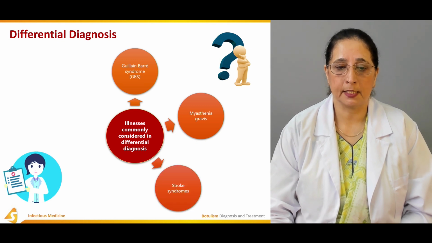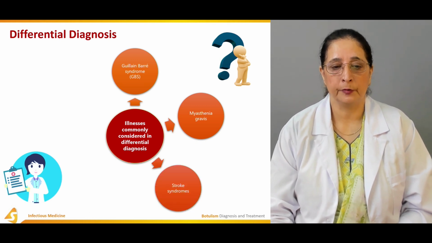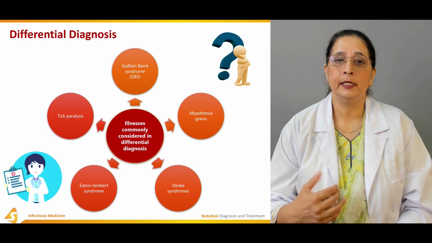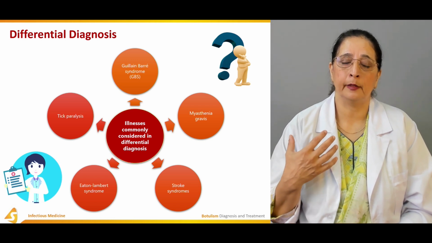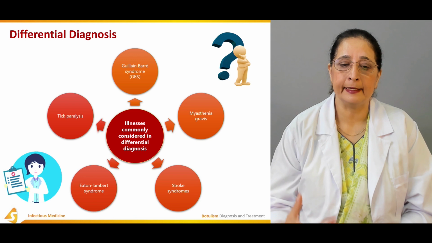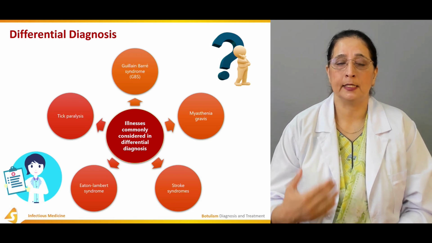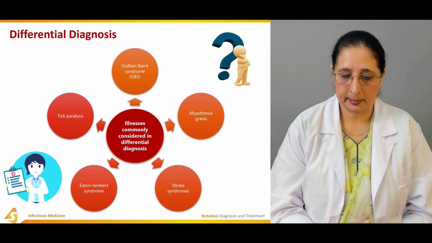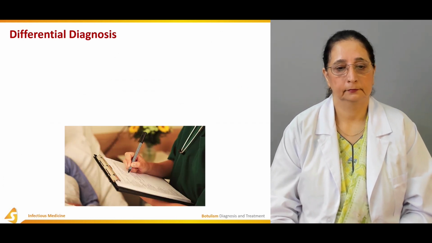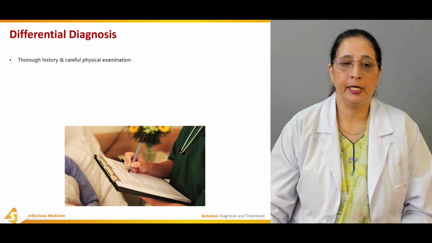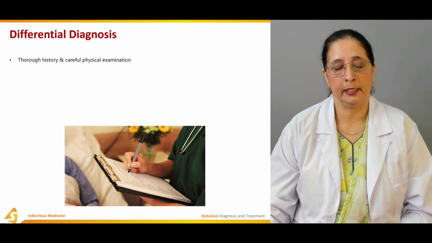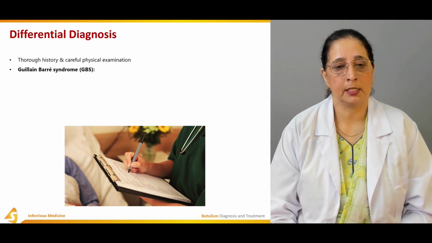Myasthenia gravis, stroke syndromes, Eaton-Lambert syndrome, and tick paralysis. All these conditions cause weakness and flaccid paralysis that need to be differentiated from botulism. A thorough history and physical examination is very important in the diagnosis.